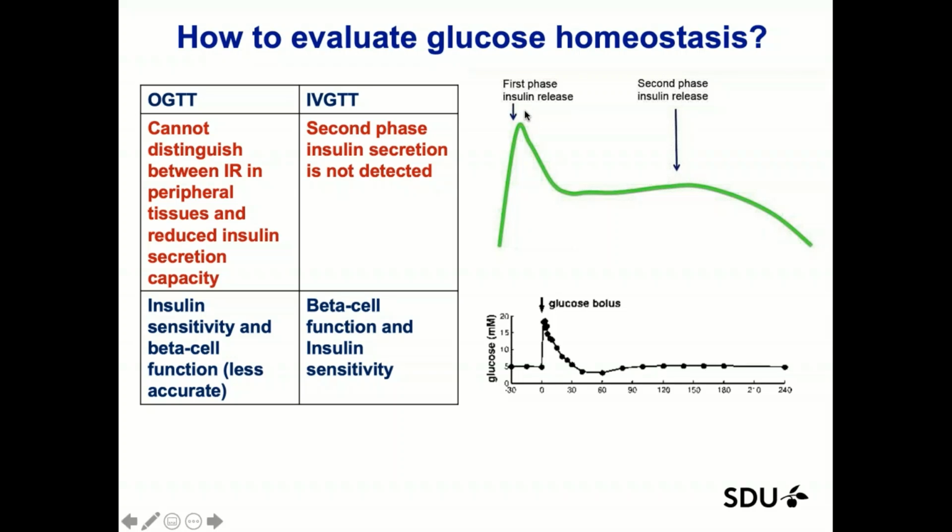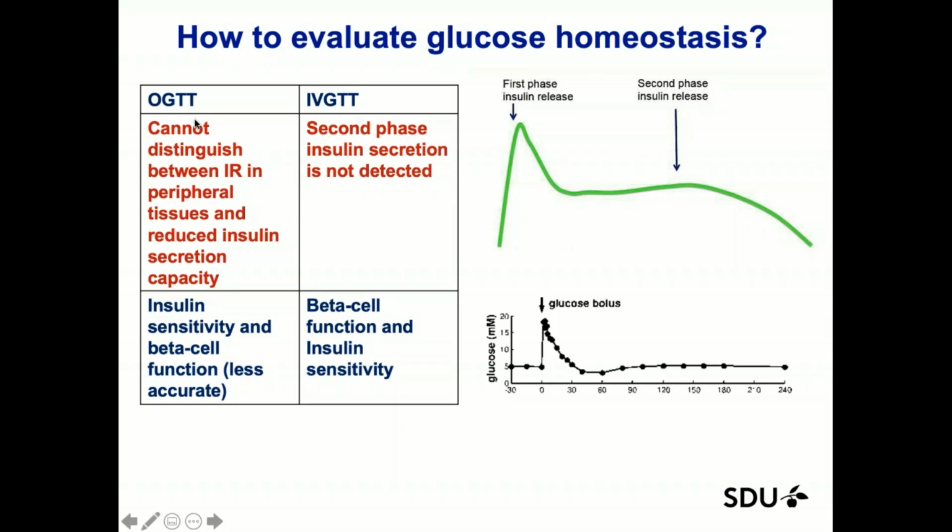This is mainly to block the hepatic glucose production, so you can prevent postprandial hyperglycemia. The second response is seen later in the curve, as illustrated here. This is really important to reach normal glycemia.